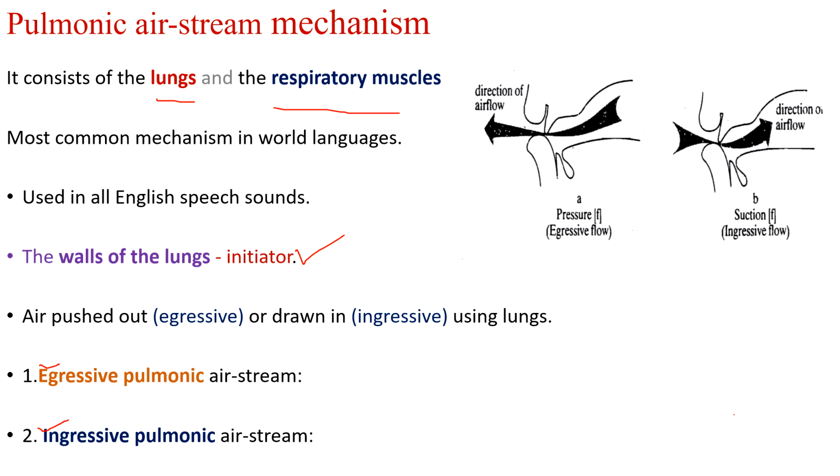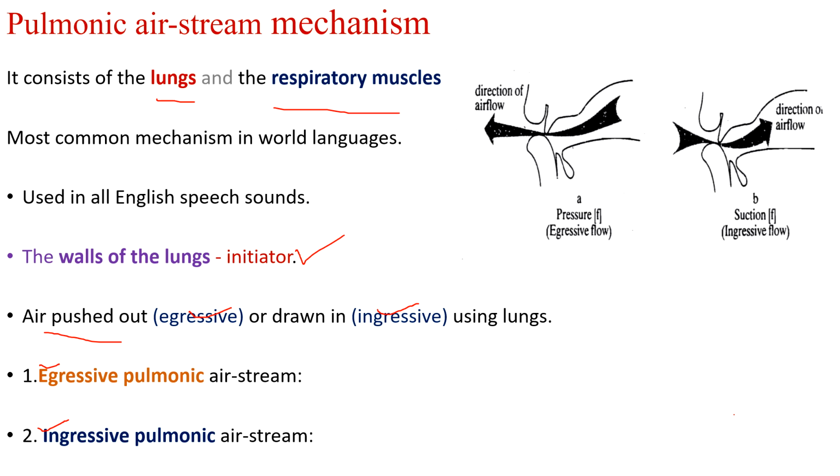So let us see egressive. When air is pushed out, it is called egressive. When air is drawn in or taken into the lungs from the outer atmosphere, it is called ingressive. Air pushed out is egressive.